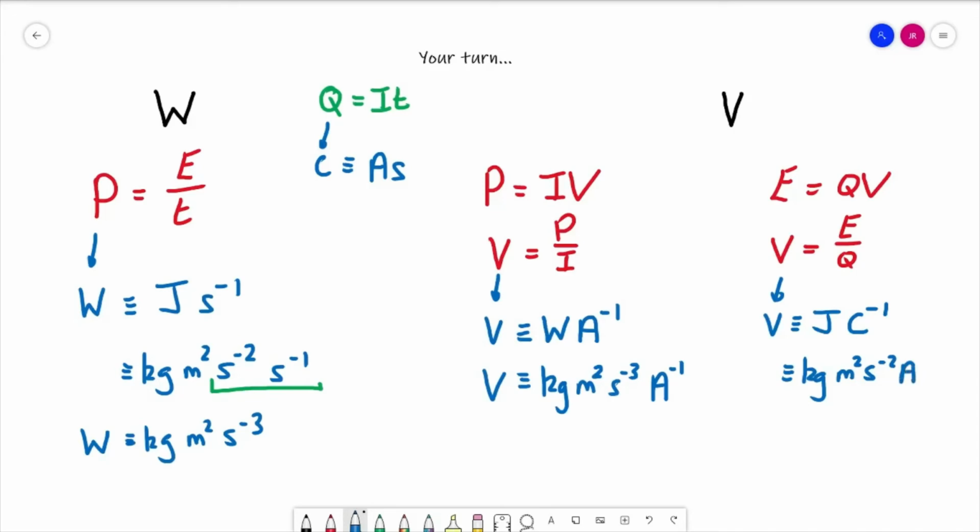So we end up with per amp and per second. Once again, we've got per second squared and per second, so when we tidy that up, hopefully unsurprisingly now, we end up with kilogram metre squared per second cubed per amp.